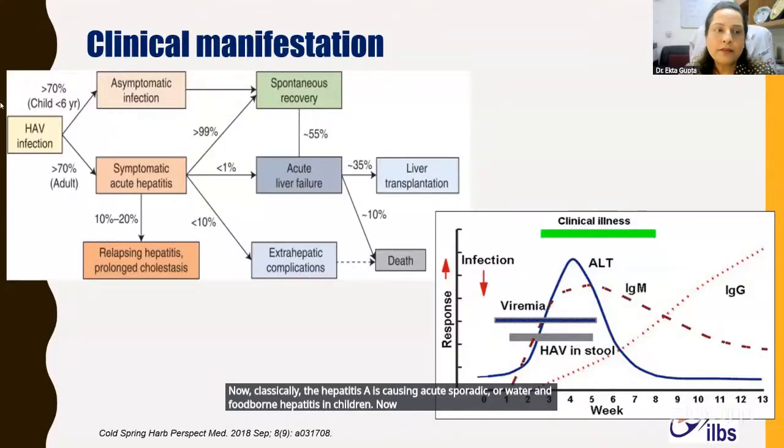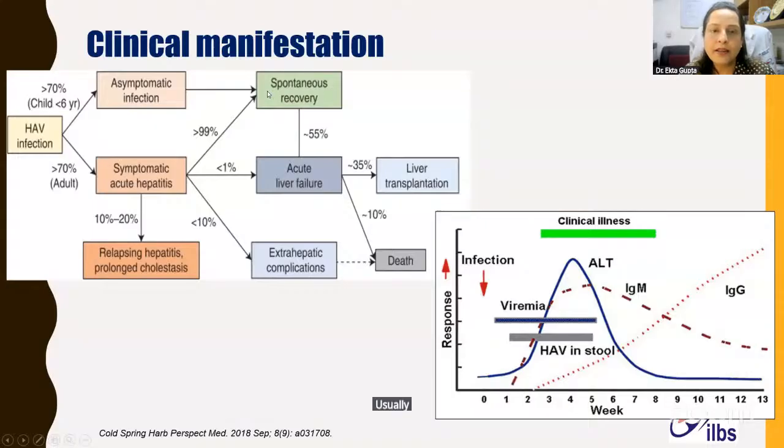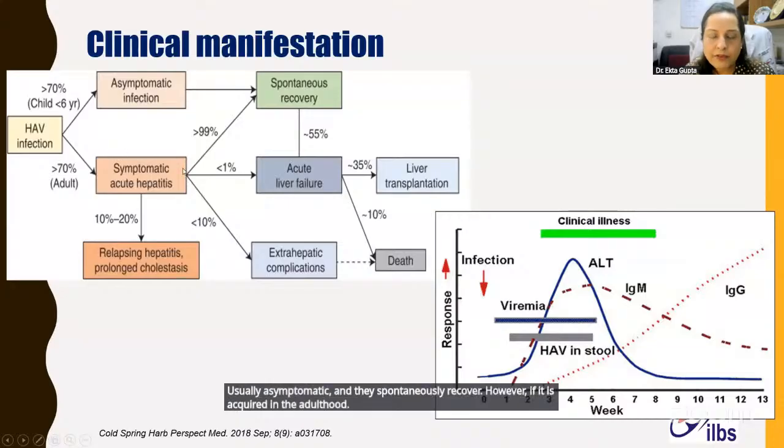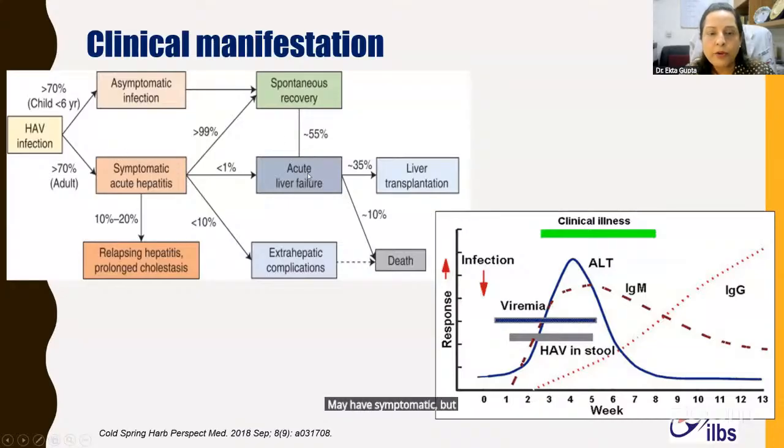Once children less than 6 years acquire it, they are usually asymptomatic and they spontaneously recover. However, if it is acquired in adulthood, it may be symptomatic but may land up in acute liver failure, in less than 1%, and can also have relapsing hepatitis or prolonged cholestasis in 10 to 20%.